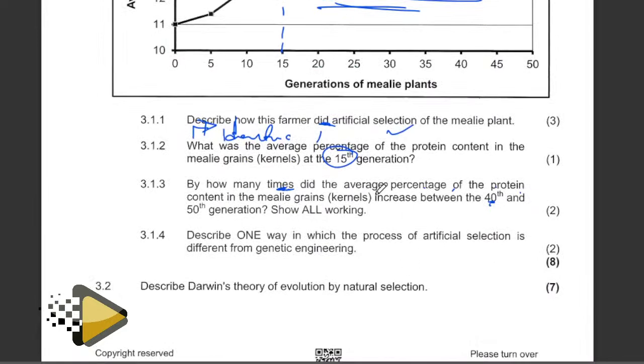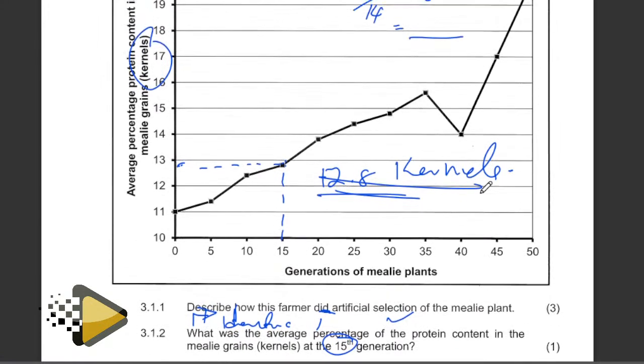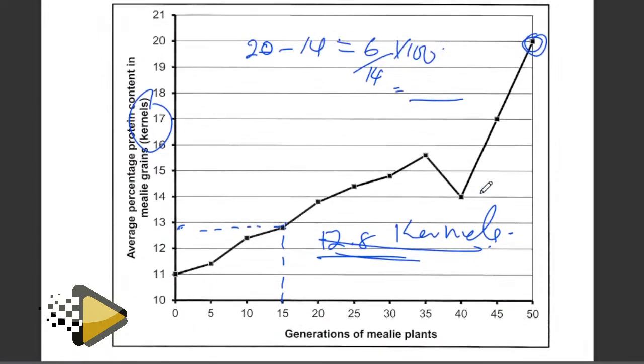In terms of percentage, they are asking by how many times the average percentage of protein increased, from 14 to 20. Someone might have a different version.